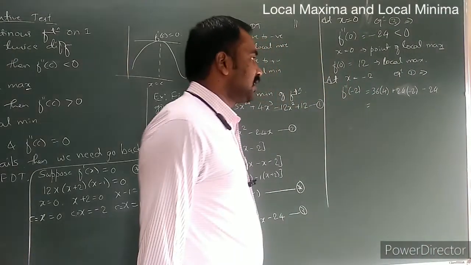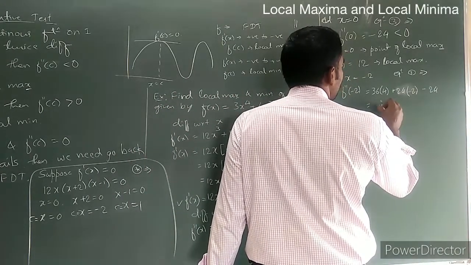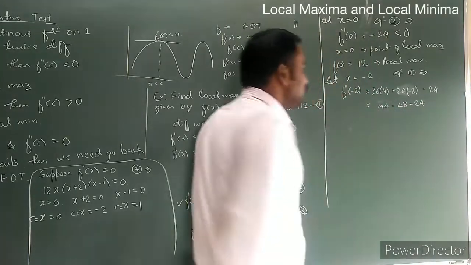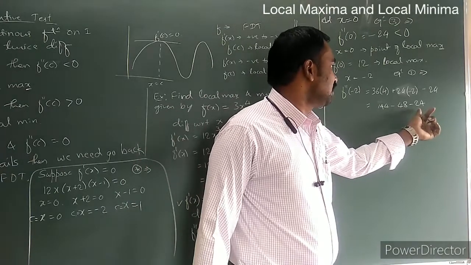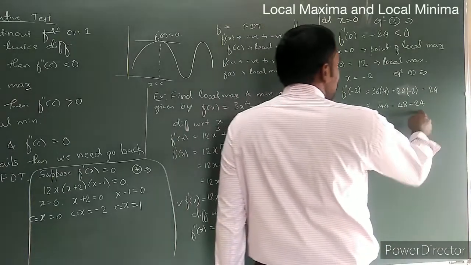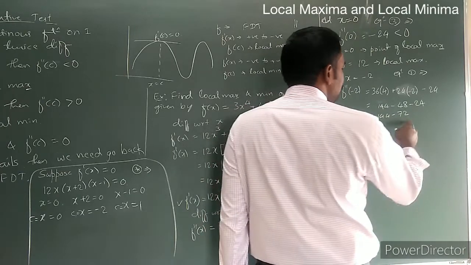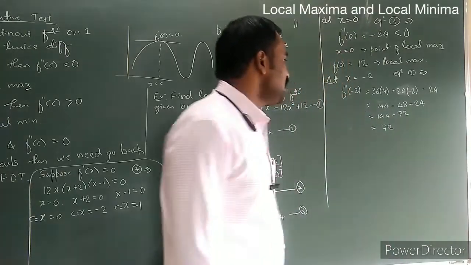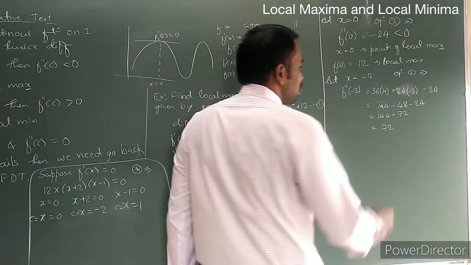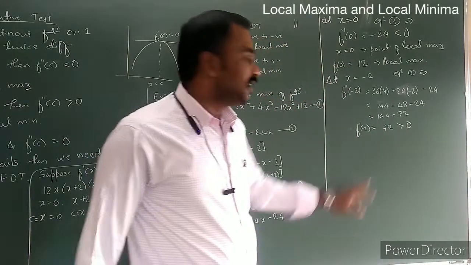What is the value? 36 into 4 is 144, minus 48, minus 24. Minus 48 minus 24 is minus 72. 144 minus 72 is 72. Plus 72 is positive. f double dash of minus 2 is plus 72.